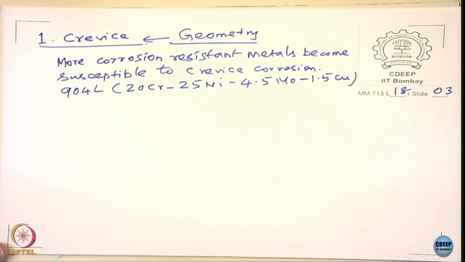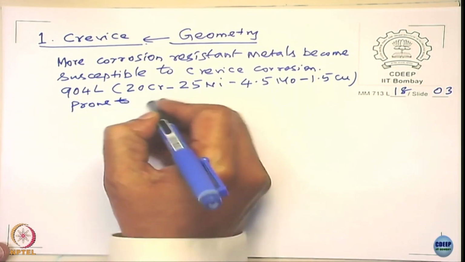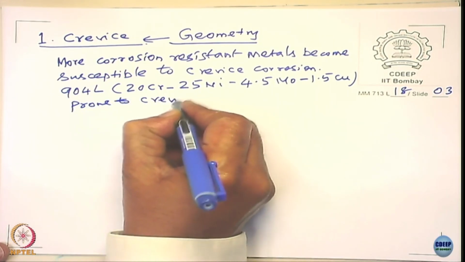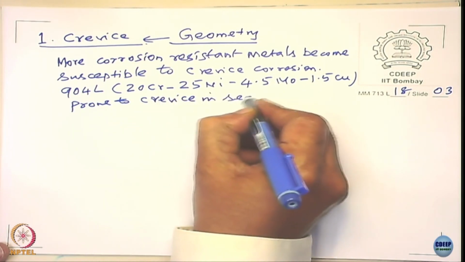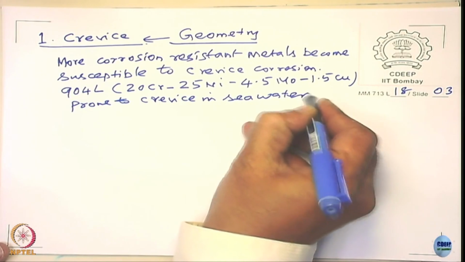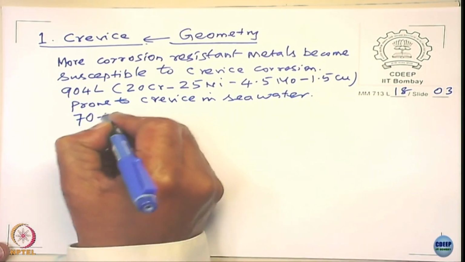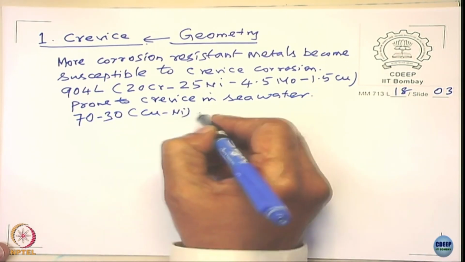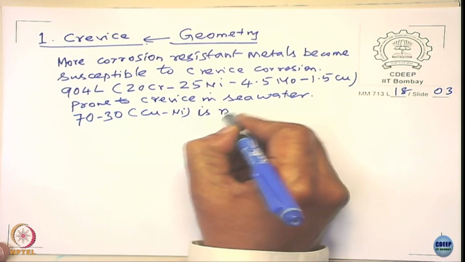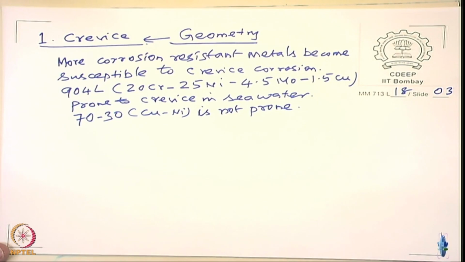You see the high amount of nickel, high amount of chromium, but it is prone to crevice corrosion. But 7030, what is this? This is a copper nickel alloy, it is not prone. Aqueous corrosion. It's a very interesting thing.